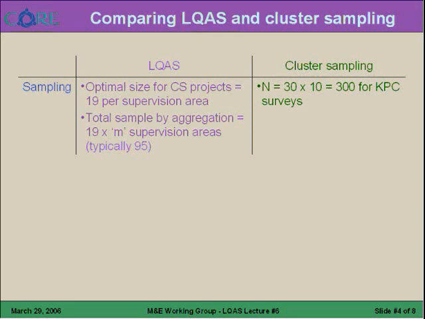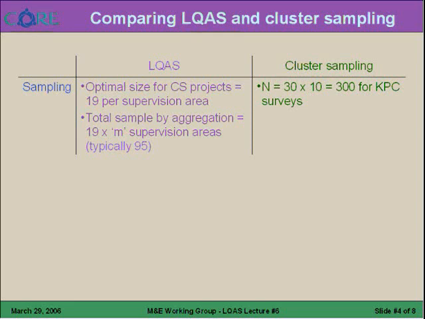Now, in contrast to cluster sampling, all the respondents in an LQAS survey are selected at random, which means that we may go to 95 sites in a program area, 19 per supervision area and up to 5 supervision areas or more. So we may go to up to 95 sites versus going only to 30 sites in cluster sampling.